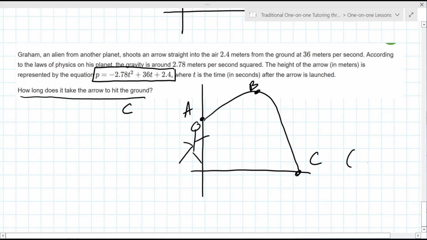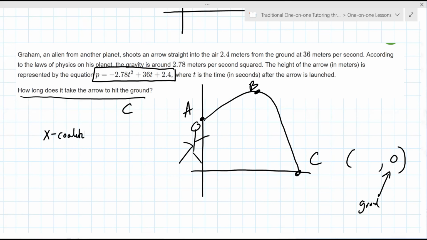And there's two coordinates to C, but the second one is always 0 because you hit the ground. That 0 means you hit the ground. So you just want the X coordinate in this case. So you could go and graph it and figure out that X value. The thing that's nice is you actually know how to do all these problems. You just need to know which number to choose. And I think you have a better idea of that now with this.